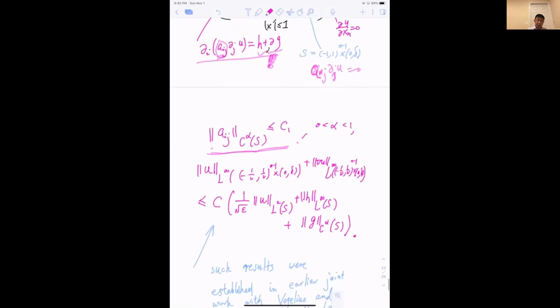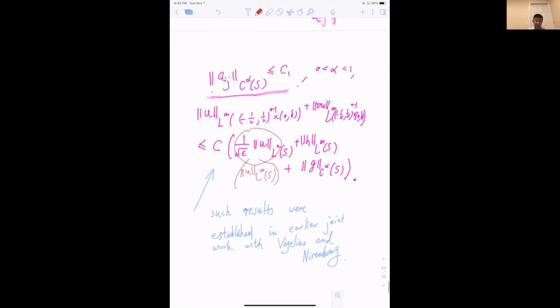You have estimates where the L infinity norm of the gradient of U can be controlled by the L2 norm, times 1 over root epsilon. If you like, you can replace this by the L infinity norm of U. That is good enough for us. So you can get this estimate.